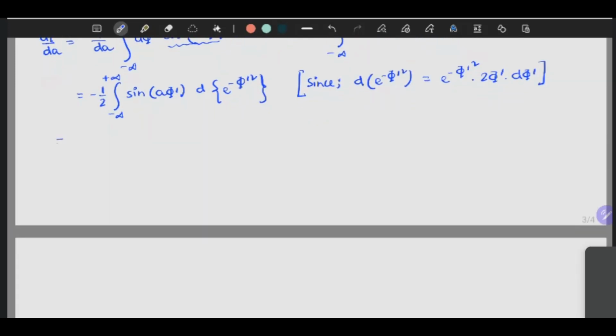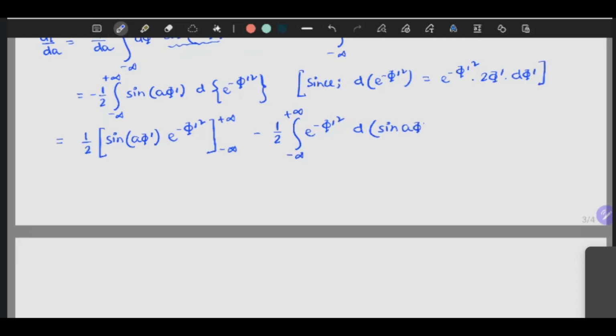So now if you do the integration by parts, it becomes half sine of a phi prime e to the power minus phi prime squared evaluated from minus infinity to plus infinity, minus half the integral from minus infinity to plus infinity of e to the power minus phi prime squared d of sine of a phi prime. Now this becomes 0 because the exponent is squared, it will always be positive, and since it is infinity, it will be 0, right?